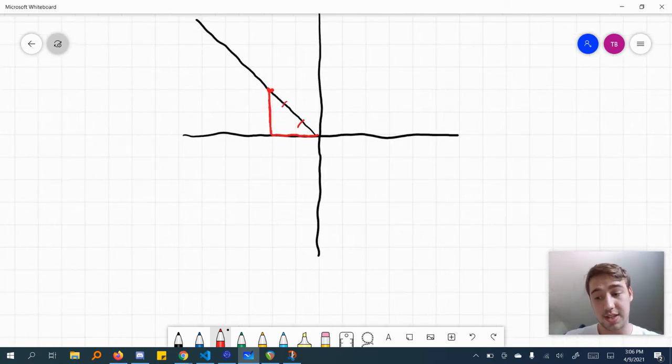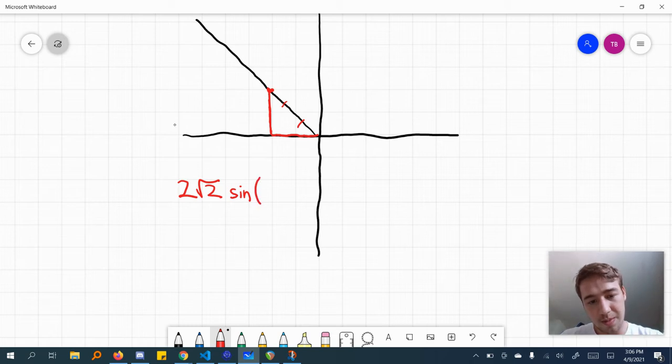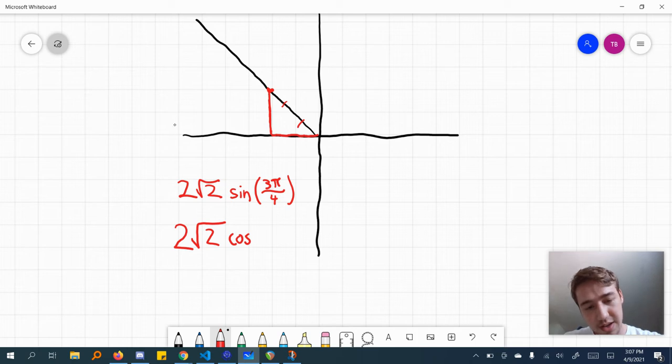So we have 2 radical 2 times sine of, oh, my mistake, 3 pi over 4. That is going to give us the y value. 2 root 2 cosine 3 pi over 4 is going to be the x value.